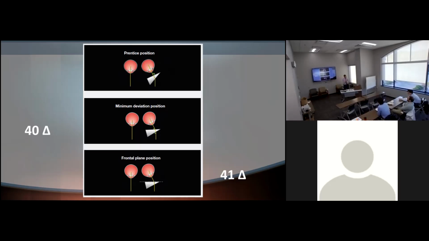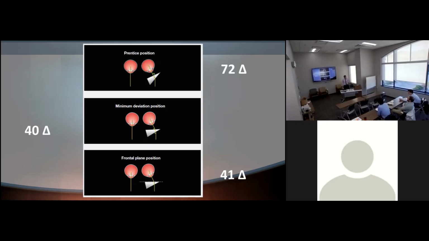But if you hold the prism mistakenly, where the back of the prism is perpendicular to the sight of the patient in the Prentice position, this will give you an actual measurement of 72 prism diopters. So this will induce significant error in the measurements.